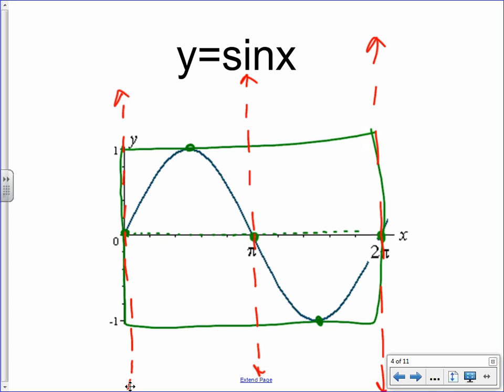Now, what is the value here? Okay, and what's our y value? 1. What's the reciprocal of 1? Okay, so that's a point on our graph. Now, at, let's say, pi over 6, our value is 1/2.